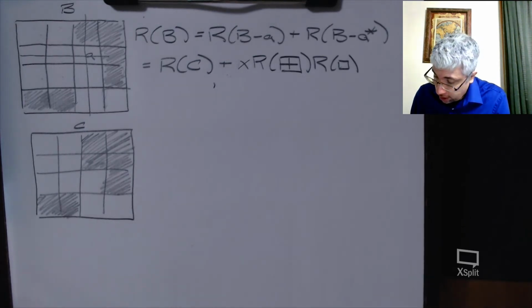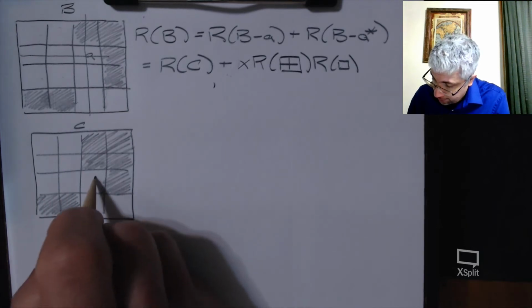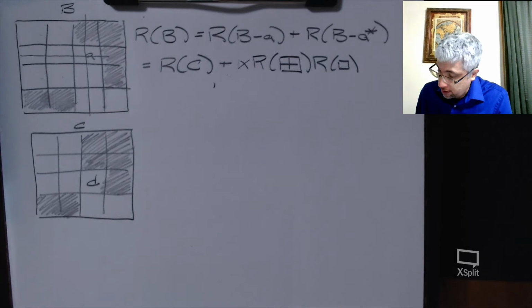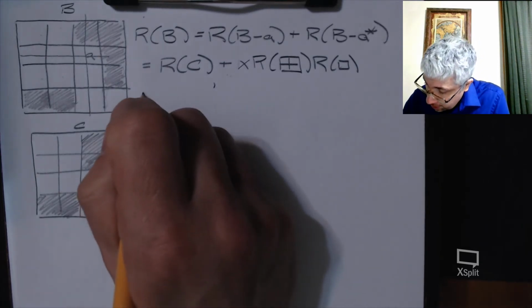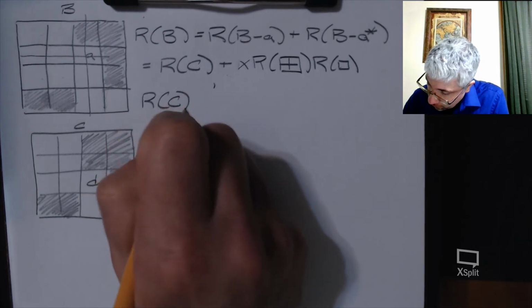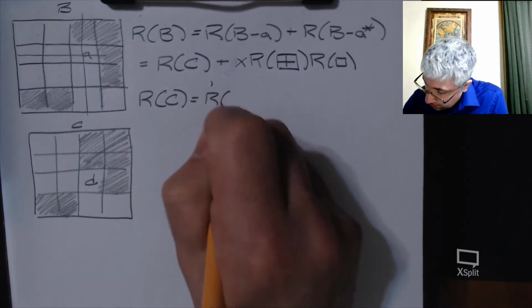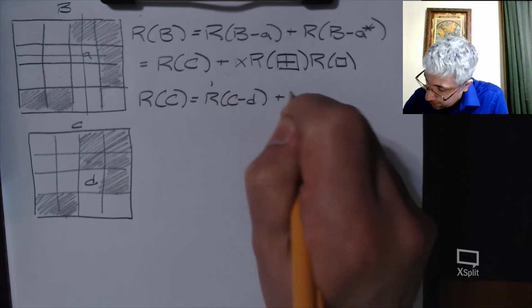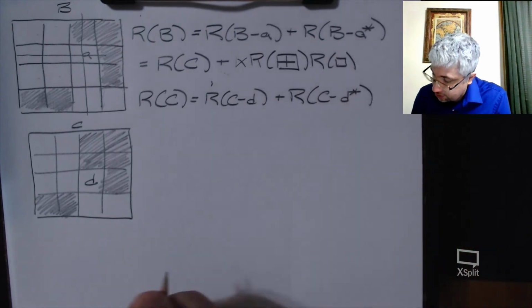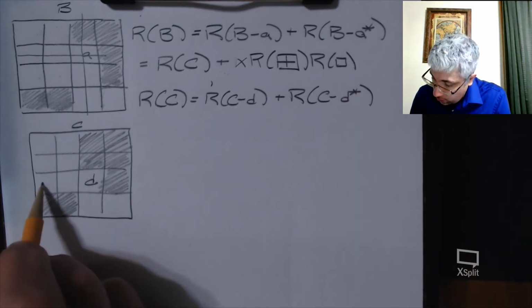Okay. So now I want to find R of C. So let me put, I'll call that spot D. And I know that R of C is going to be R of C without D plus R of C with a Rook in D. So without D, what am I going to get?